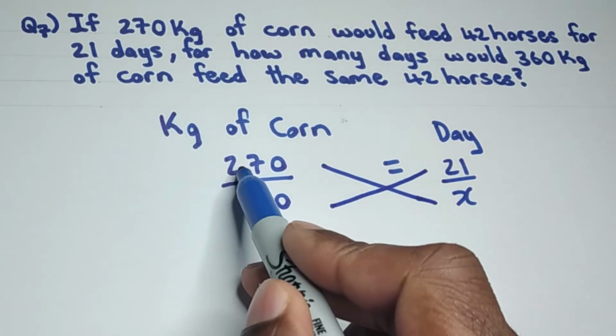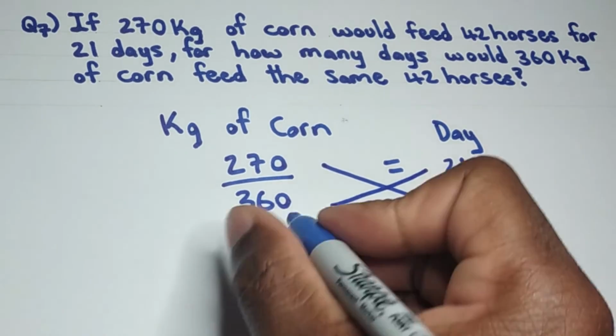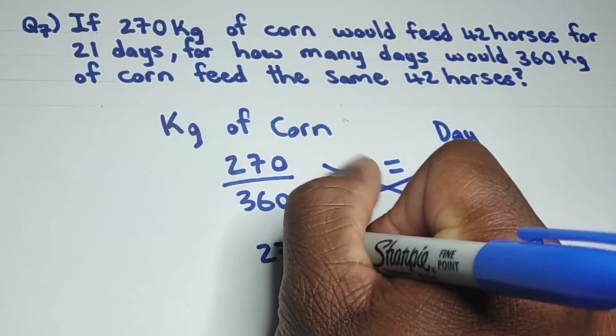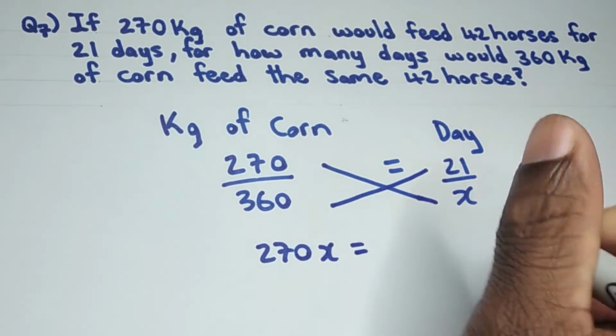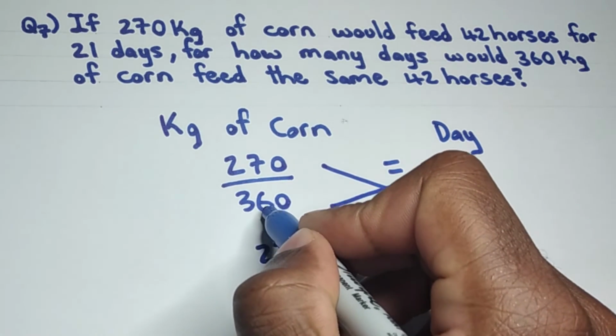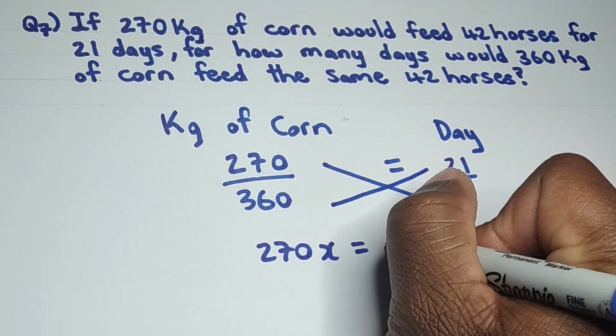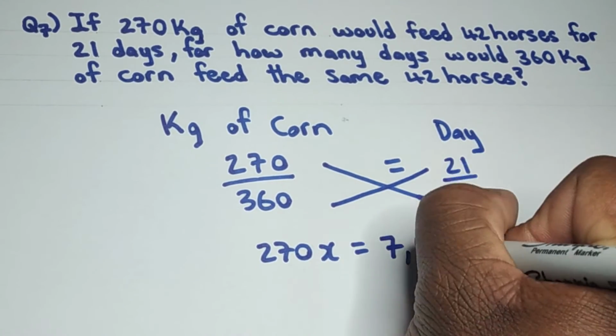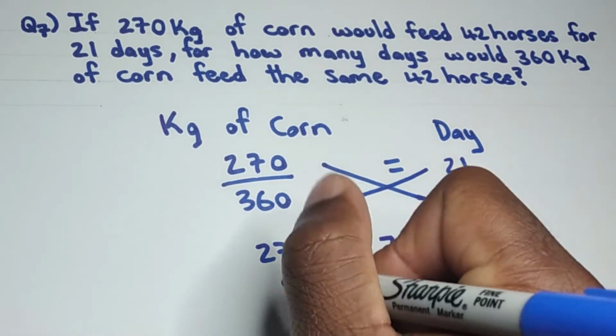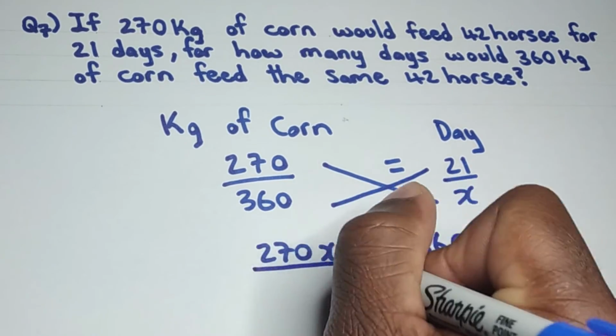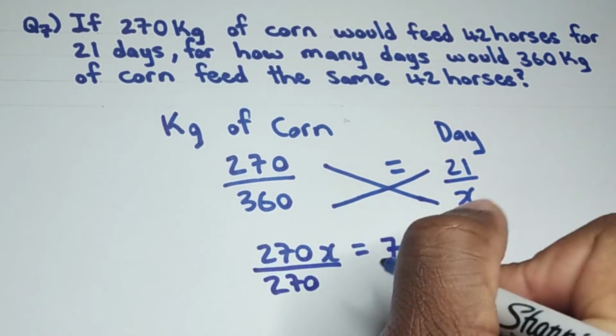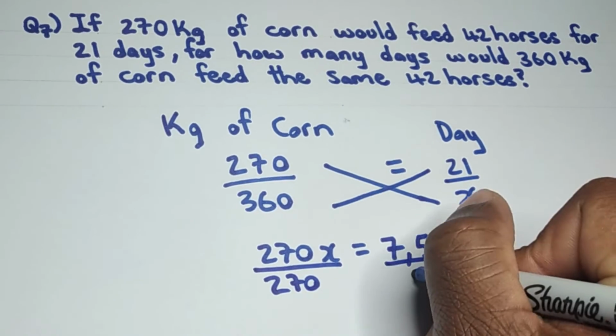So we'll end up with 270 times x, which is 270x, equal to 21 times 360, which is 7,560. And what we can do now is to simply divide both sides by 270.